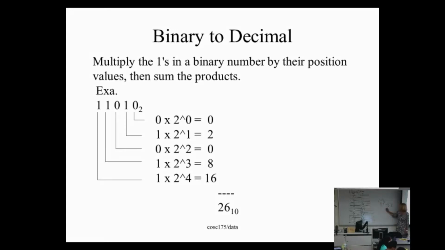This guy is a 0. What are we going to multiply this times? But the bottom line is the answer is 0. Bring down the digit, which is 1. 2 to the what? 3rd, which is 8.